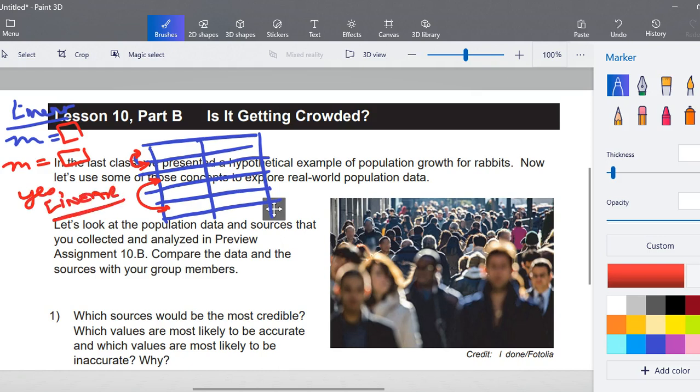But if it's not linear, you need to do a second test. And a second test would be, is it exponential? Our test for exponential is where we take the change of the population over the population. That is relative change. I know some people in the face-to-face class really like to see it as relative change.